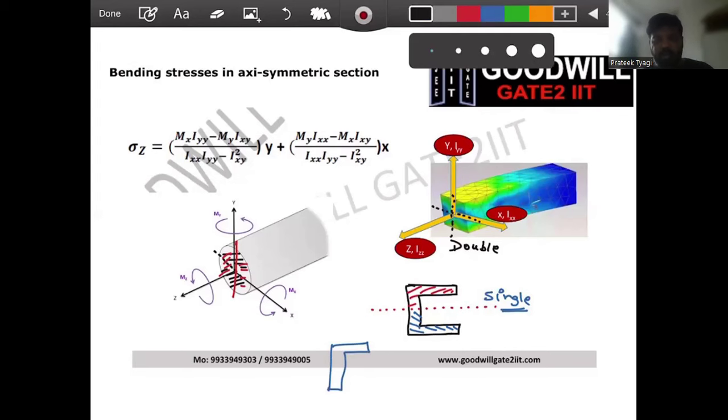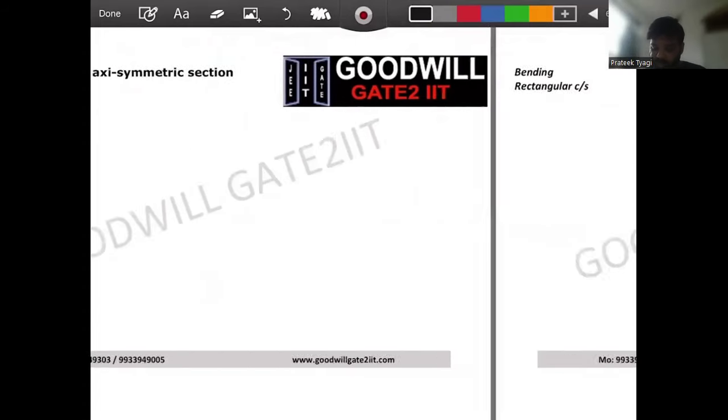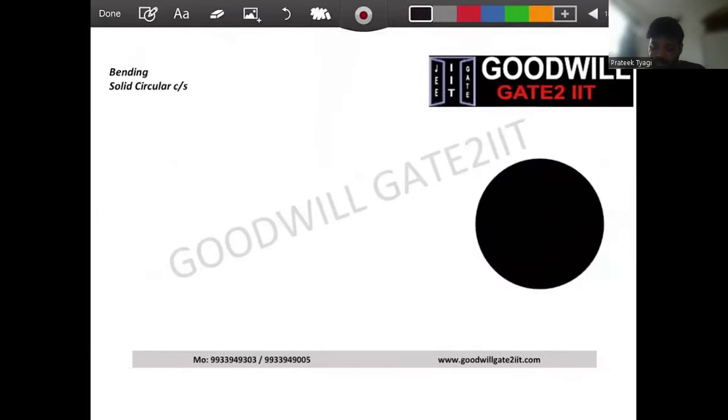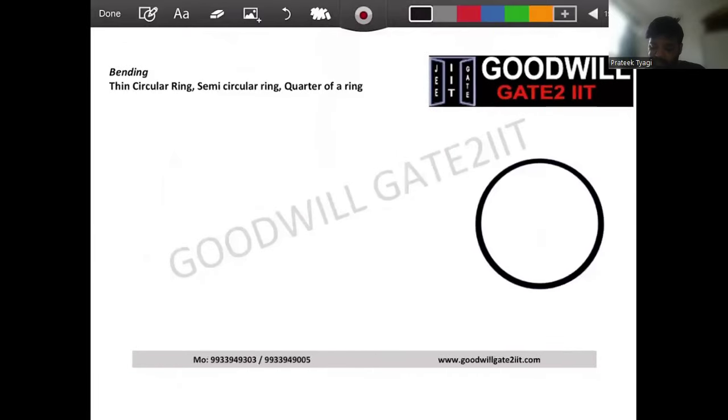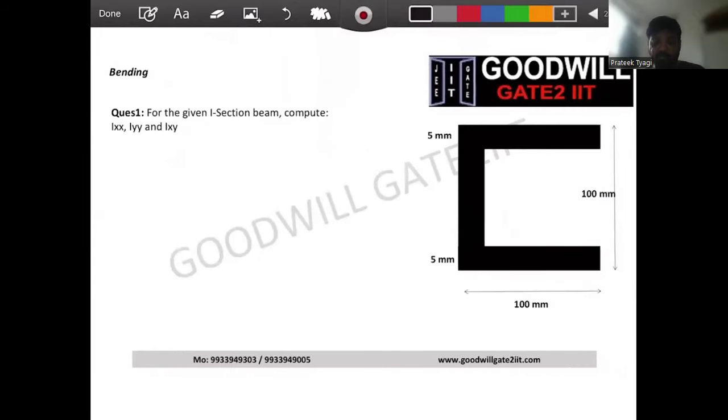So don't worry, I have all the numericals for all these cross sections. As of now, what I want you people to remember is whether the cross section is single or doubly symmetric, IXY will be 0. I will write properties. I have all the slides for calculating inertias for different cross sections. So please don't bother, I have taken everything in this slide to make you aware about the properties and about C sections.